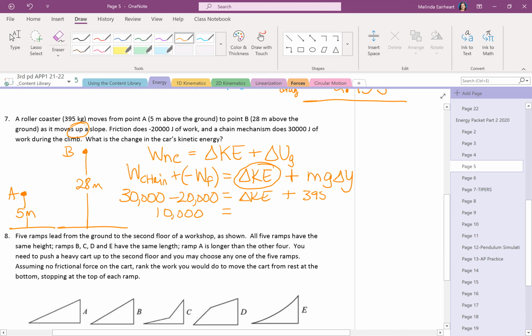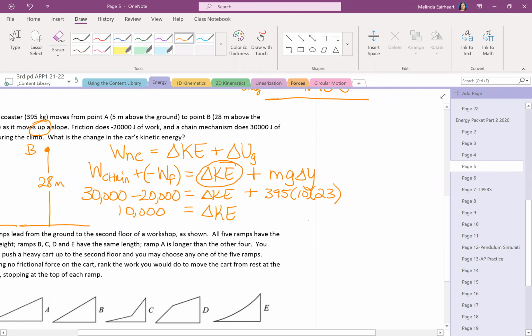Mass, 395 times 10. And then the vertical displacement, you move from 5 to 28. Your vertical height change is what value? 23. And so whatever that comes out to be. And so our change in kinetic energy, when you get an answer, let me know.